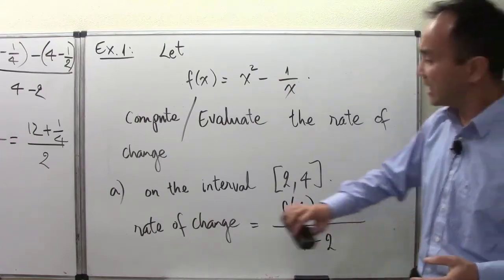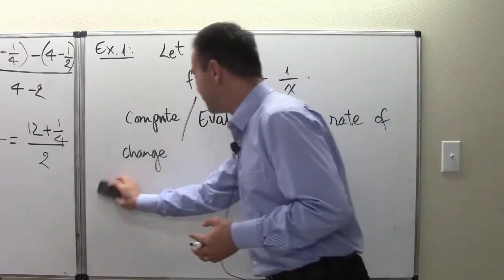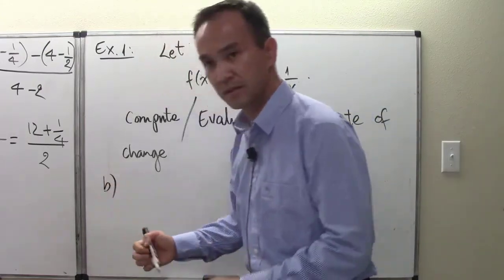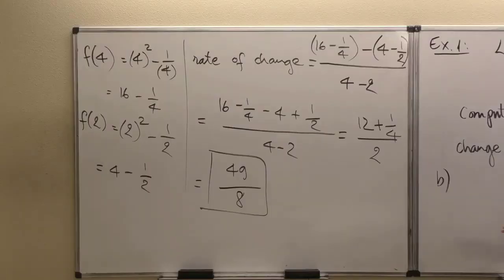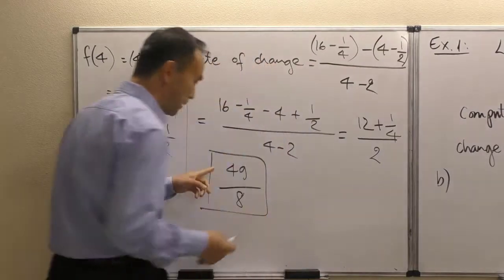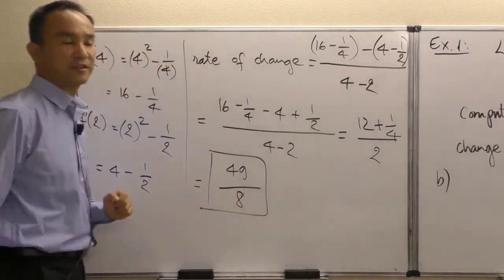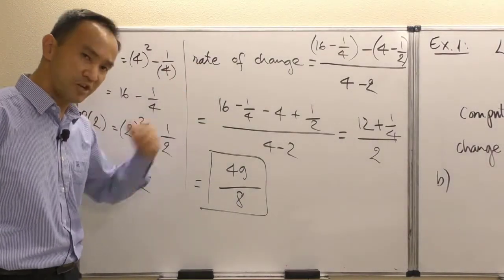So let's now look into part B right here. Again, I am just simply giving a different interval. And by the way, in the earlier example, the rate of change was a positive rate of change, so you can think of that as a rise over run, because the change in the y value was a positive change.